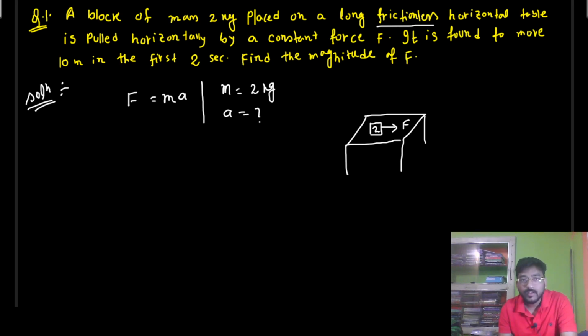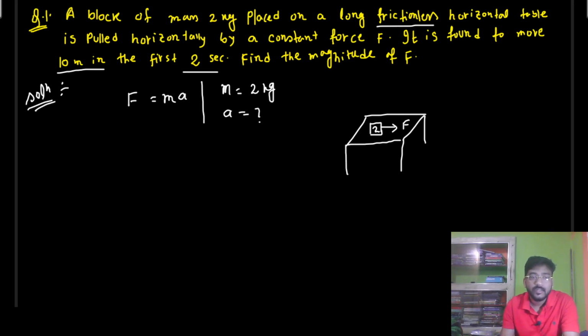To find out the acceleration, some data are given. It is found to move 10 meter in the first 2 seconds. So the distance covered in the first 2 seconds is given.